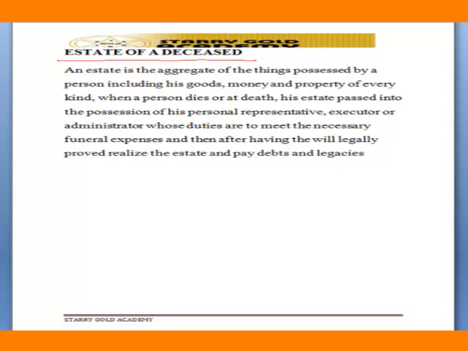They include money, property, and goods of different kinds. And when the person dies, the estate will be passed into the possession of a representative, his personal representative, executor, or administrator.